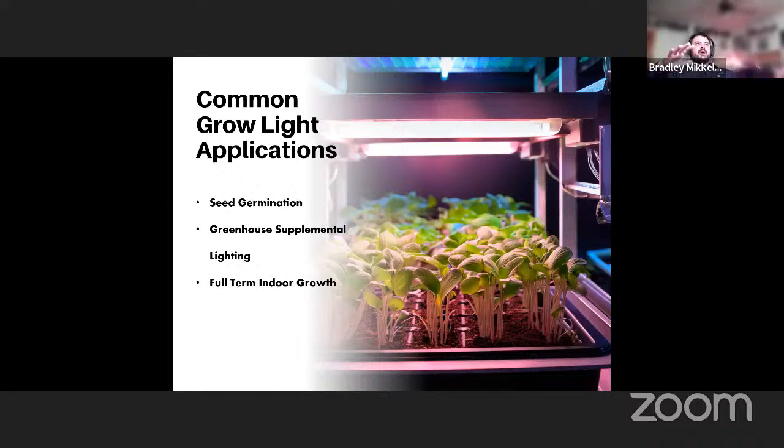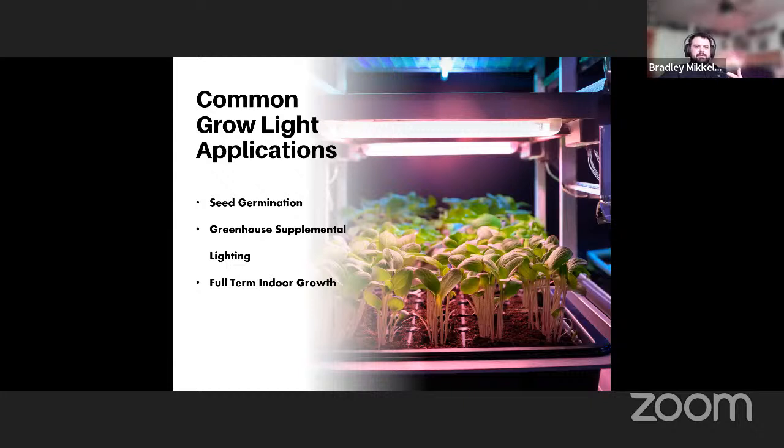And then you are capturing a lot of your solar rays and heat. That heat is beneficial, but your plants still won't grow properly if they're not getting the full term of light that they need for that stage of growth. And so if you start seeds early in a greenhouse, because you have the heat load figured out, you're not going to get good growth because you're not getting enough hours of light per day. So supplemental lighting in a greenhouse is extremely common.